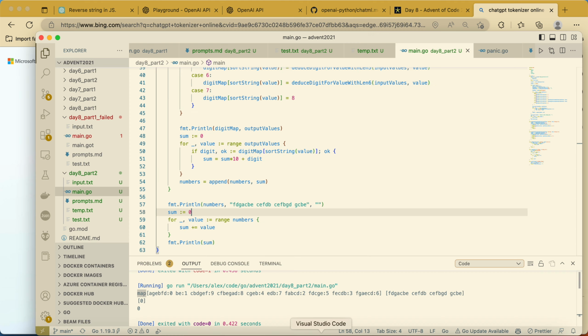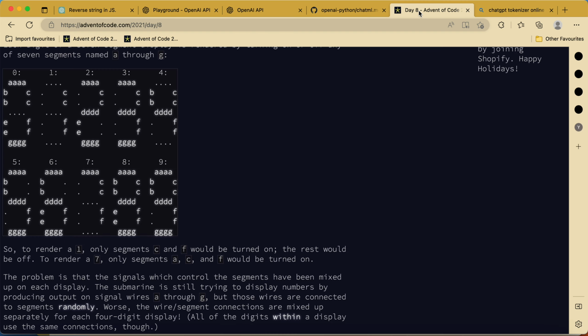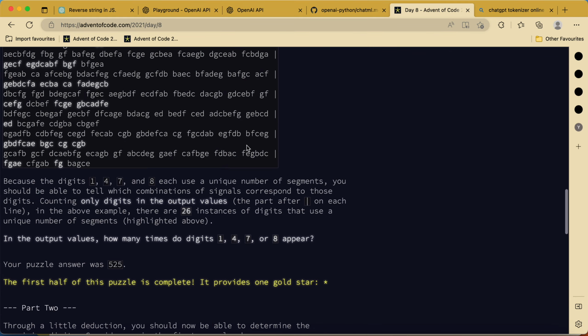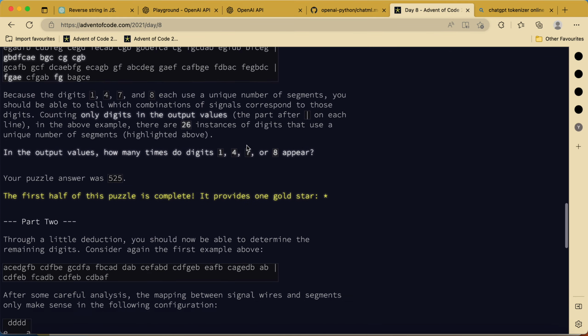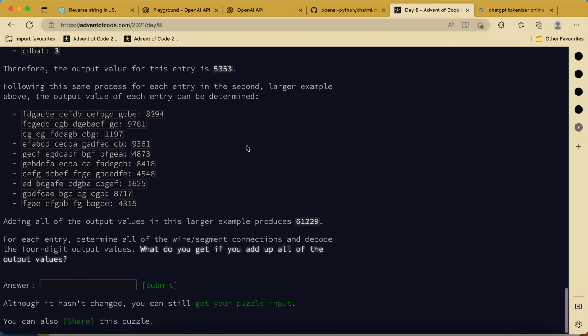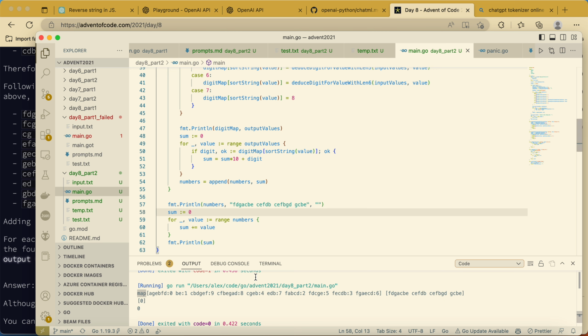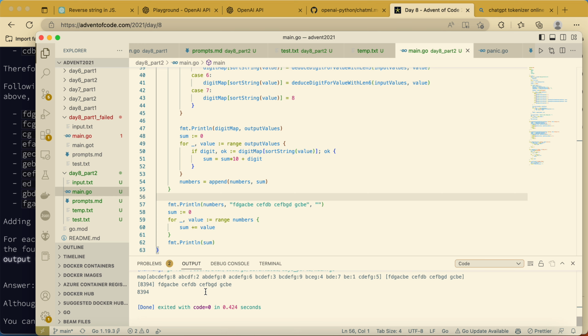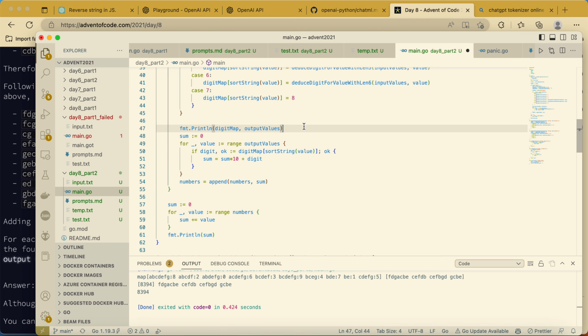And now let's go back and see what we should expect in such a case. In our input we should have 8394. Okay, that looks legit. So far so good.